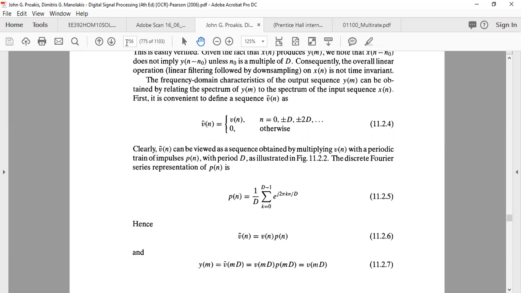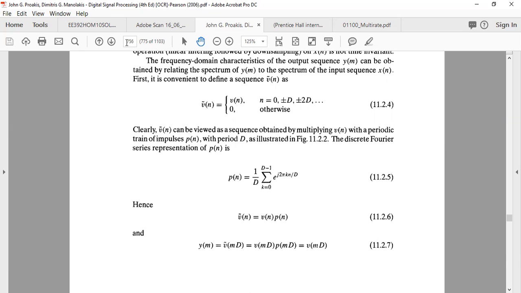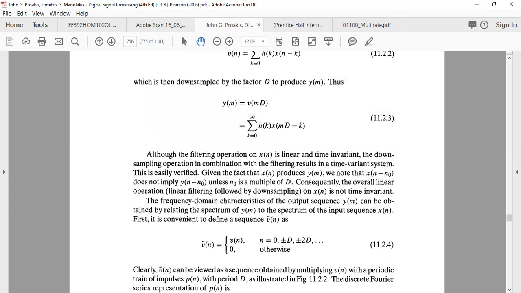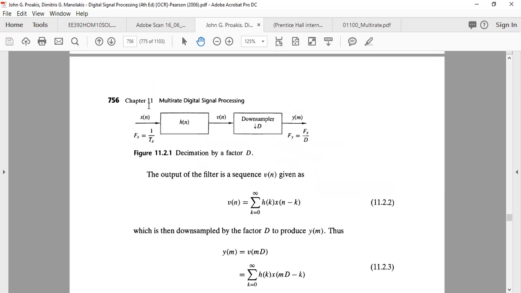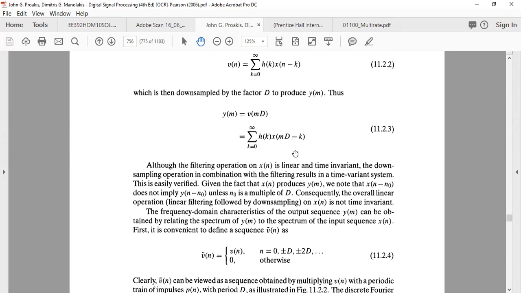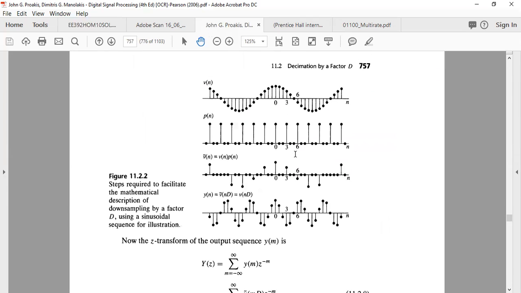So what you can do is, let's say we have a signal v of n just before it passes down to a downsampler, and we get a downsampled signal. If we see this particular graph, you can see we have a signal v of n, and then it goes through a multiplication, and then downsampling happens, and then you have this particular signal over here.